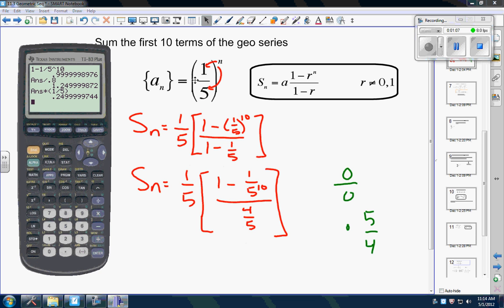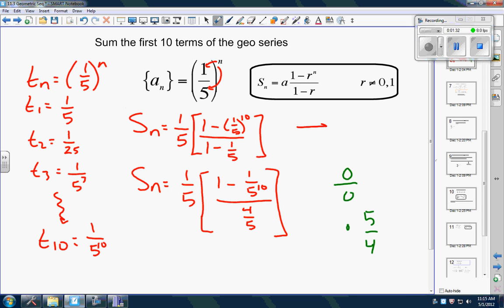So what you really get out of this sequence as you do the first 10 terms is 0.24999 on and on. So if you did the 11th term, the 12th term, the 13th term, it's really only going to add very small amounts in here. So basically what we would say is this thing approaches 0.25.